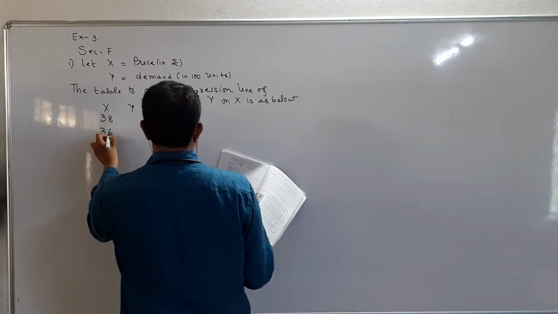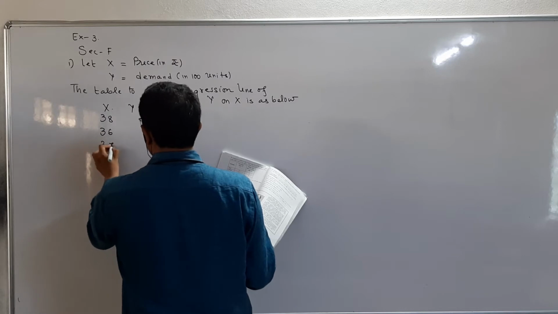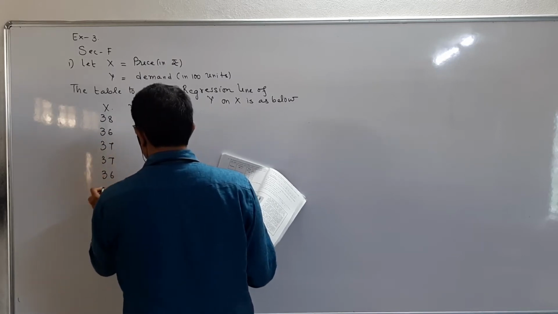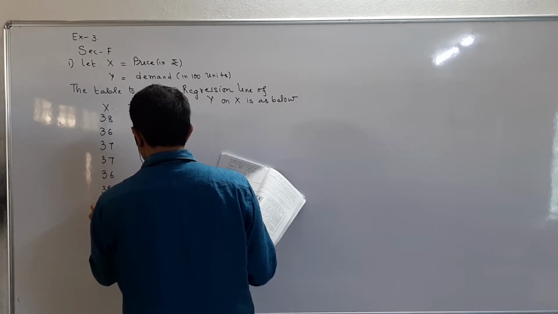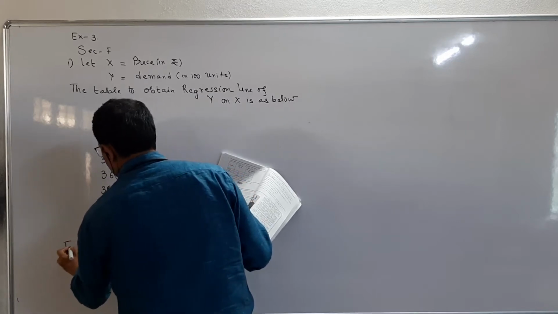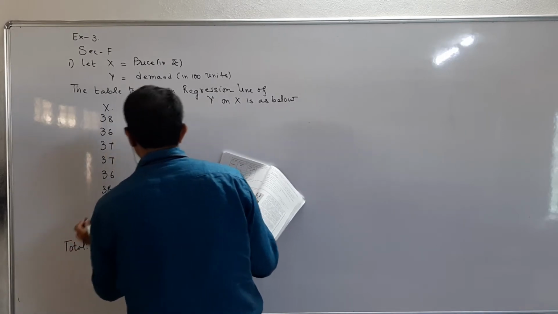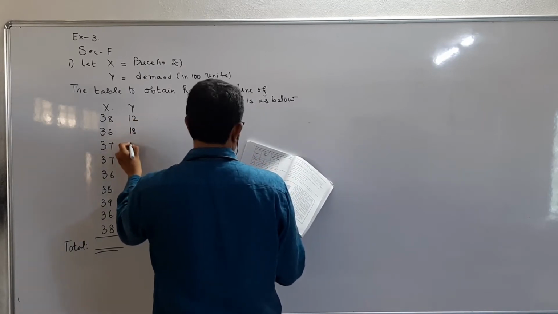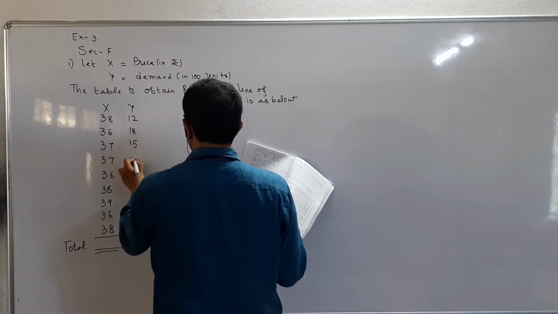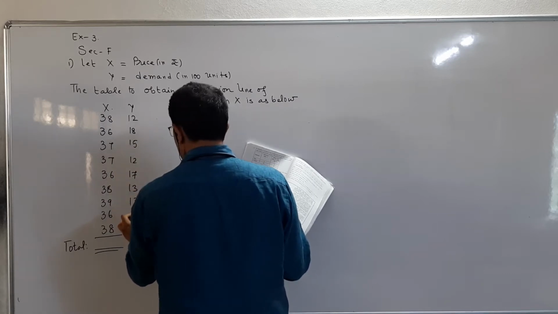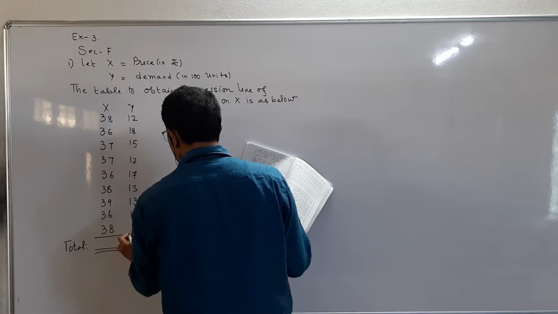X: 38, 36, 37, 37, 36, 38, 39, 36 and 38. So we'll write the totals. Then Y: 12, 18, 15, 12, 17, 13, 13, 15 and 12.